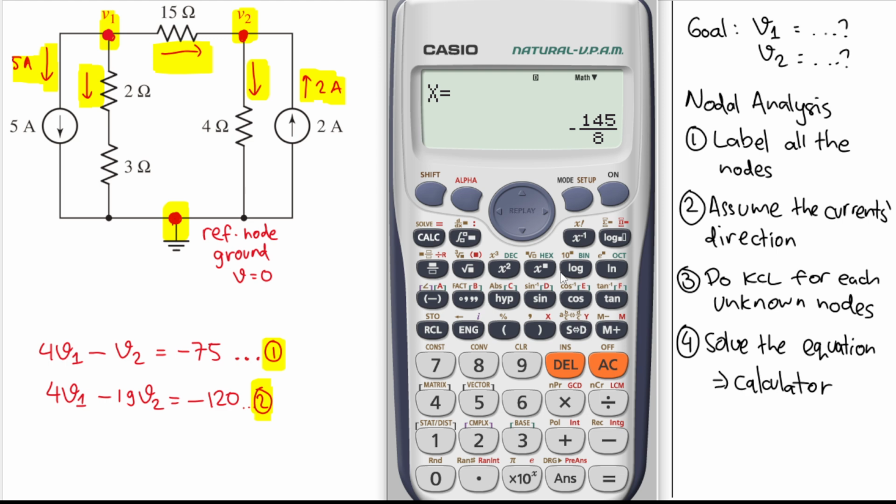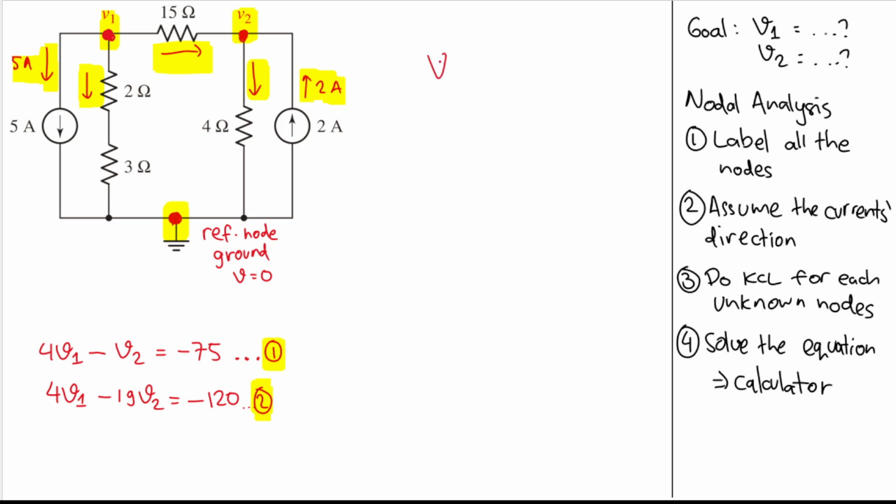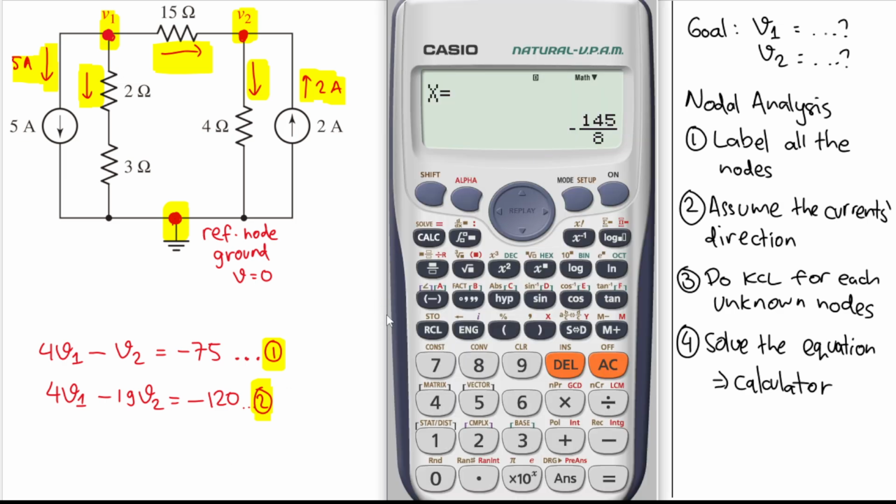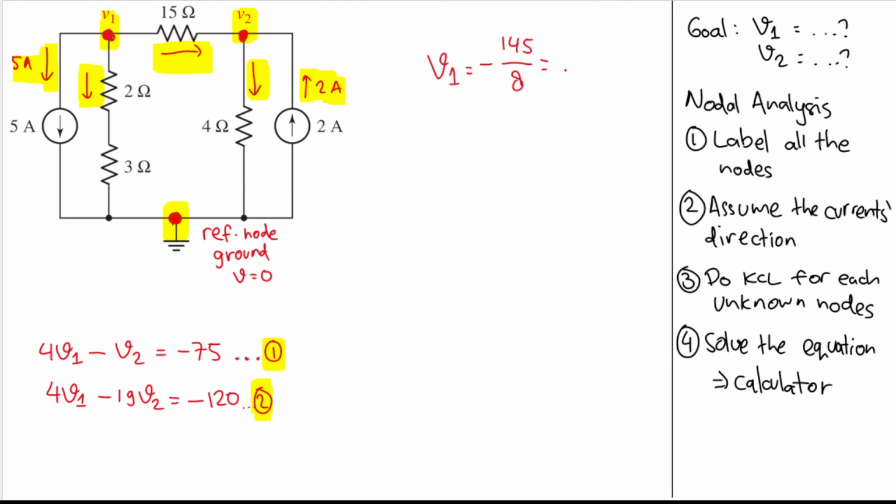So our V1 here is minus 145 divided by 8. Or maybe I will use the decimal representation, which is minus 18.125. And the unit here will be volt.